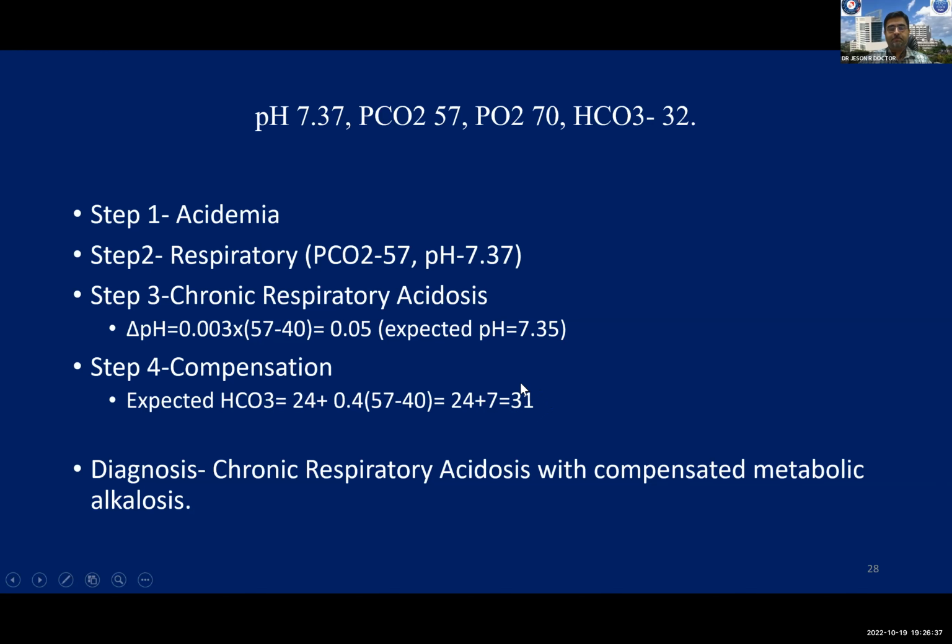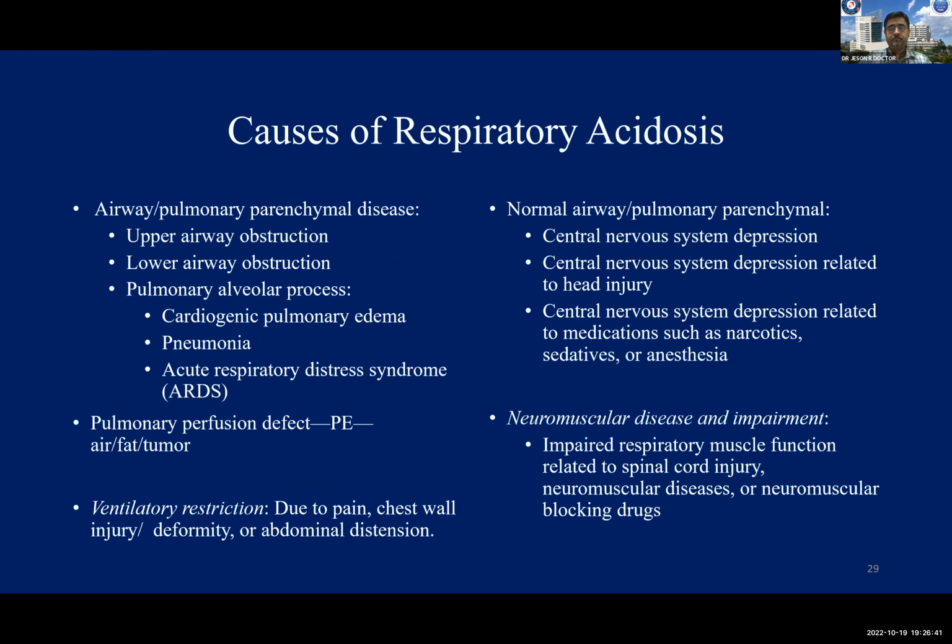So you move to step 3 and 4 when it is respiratory pathology, and step 5 and 6 I'll come to a little later. What are the common causes of acute respiratory acidosis? Whenever there is an airway pathology, upper or lower airway, a pulmonary problem, ARDS, pulmonary perfusion defect, ventilatory restriction, central nervous system disorders, over medication with narcotics, or neuromuscular deficit because of spinal cord injury or blocking drugs.